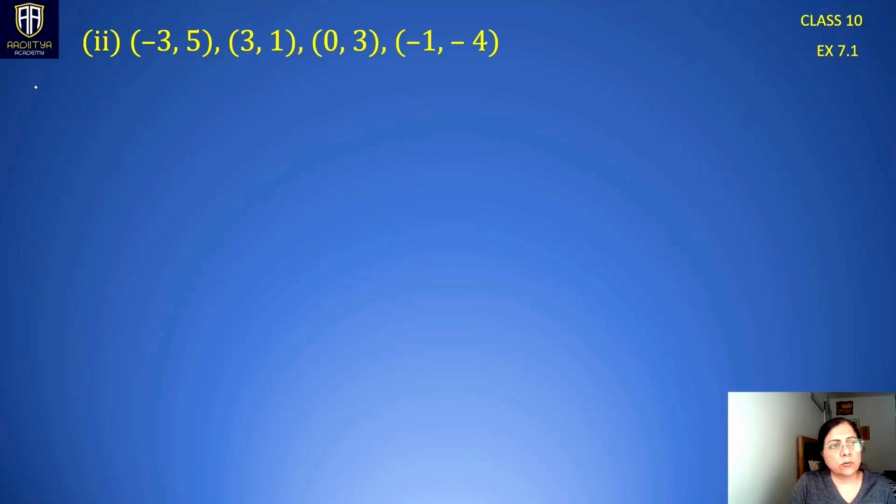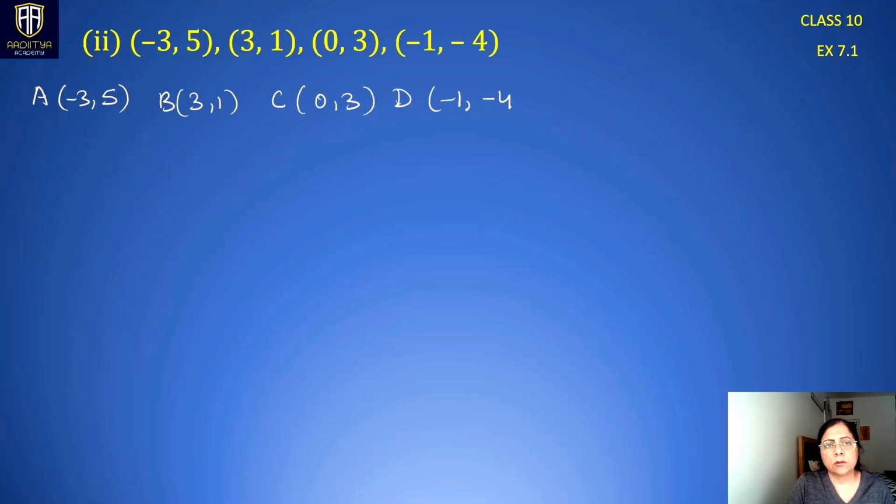Next we have these 4 points A, B, C, D. 0, 3. D is minus 1, minus 4. So again we have to find all the sides first. AB is square root of 3 minus minus 3, which becomes 3 plus 3 square.